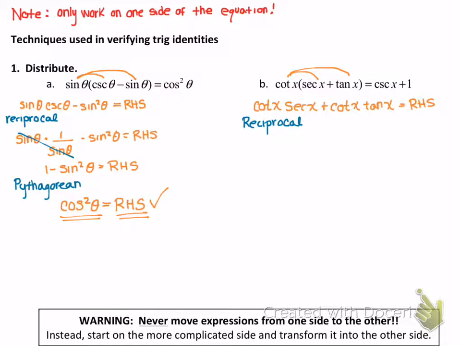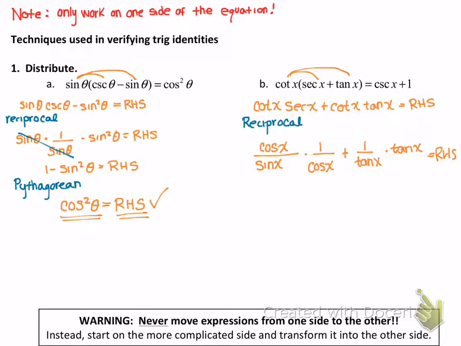So with both of them, we can write cotangent as cosine x divided by sine x times 1 over cosine x plus, now instead of cosine over sine, I needed to cancel with tangent, so I'm going to write cotangent as 1 over tangent of x, and then I just have tangent of x left over.